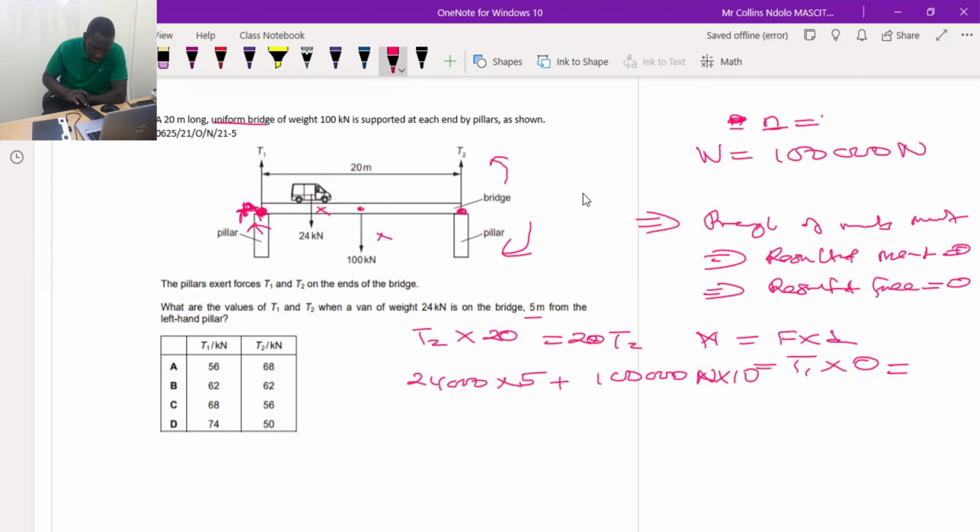So therefore, we'll have 24 times 5, that is 120,000. Plus 100,000 times 10, that is 1,000,000.